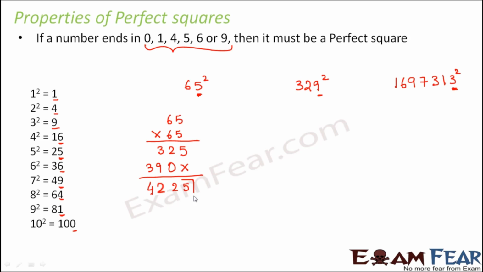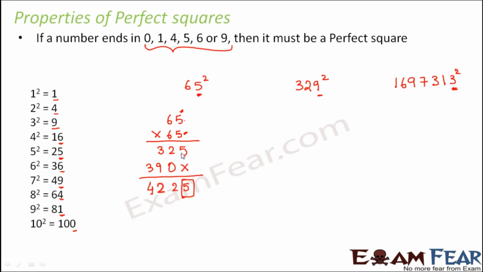Now when you look at the result, what do you see? You have 5 at the units place. So why do you have 5 at the units place? Because the way we multiply two numbers, the units place will always be obtained by multiplying the two units places. In 65, 5 is at the units place. Again in this 65, 5 is at the units place.